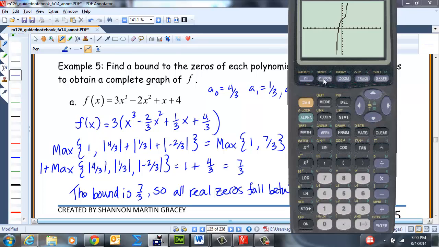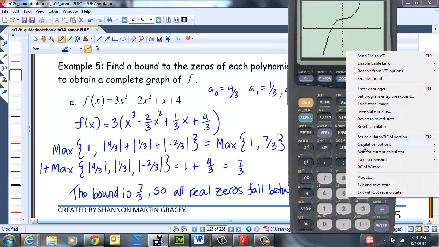So if I wanted to, I could do my window between negative, let's see what happens if we do negative 7/3 and 7/3. Actually, you know what? That's getting too specific. If we did it between negative 3 and 3, we could be certain that our real zeros were in between that because of this bound.